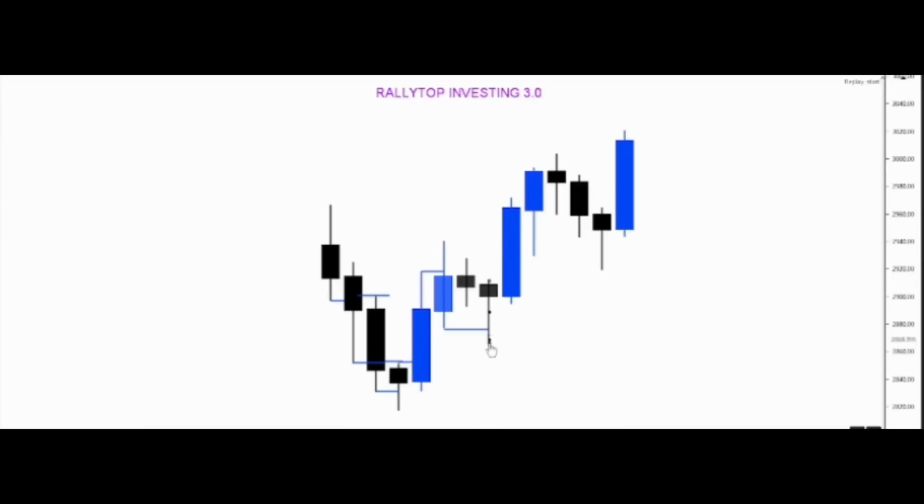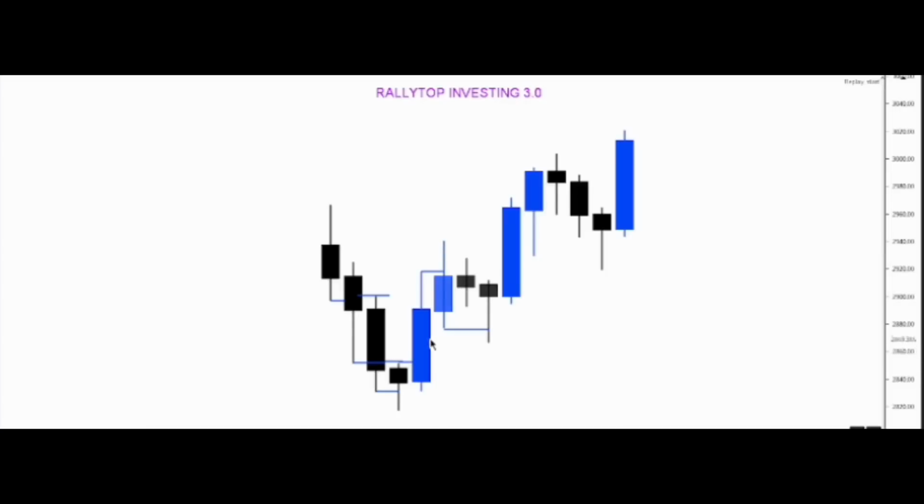All right? Now, the second thing you need to also understand is that the high probability fair value gap is the fair value gap that happens after a swing high or a swing low. What I mean is that this pivot, this high that you're seeing, is also known as a pivot. So if price is coming back down, look for the most current fair value gap there.